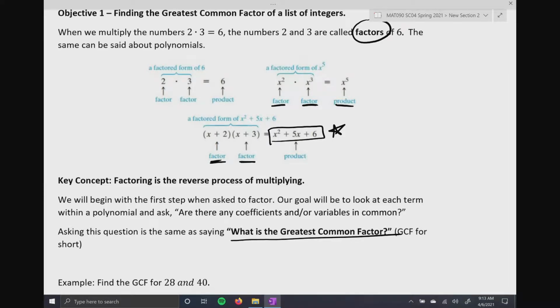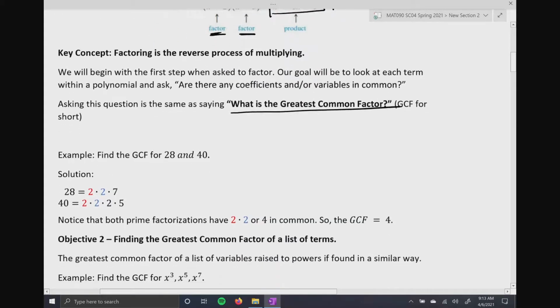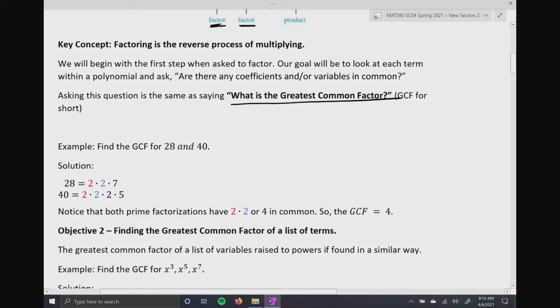Now, let me show you what that means, okay? If I ask you, find the GCF for 28 and 40, here's what I'm really asking you to do. Notice I wrote out, does anybody remember what those are called? What I wrote out right here? 28 equals 2 times 2 times 7. 40 equals 2 times 2 times 2 times 5.